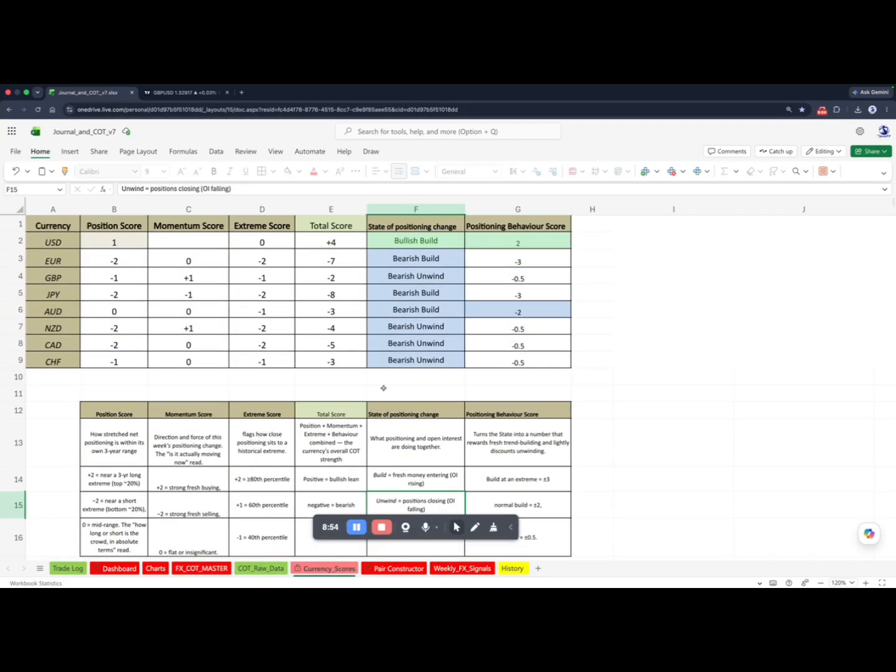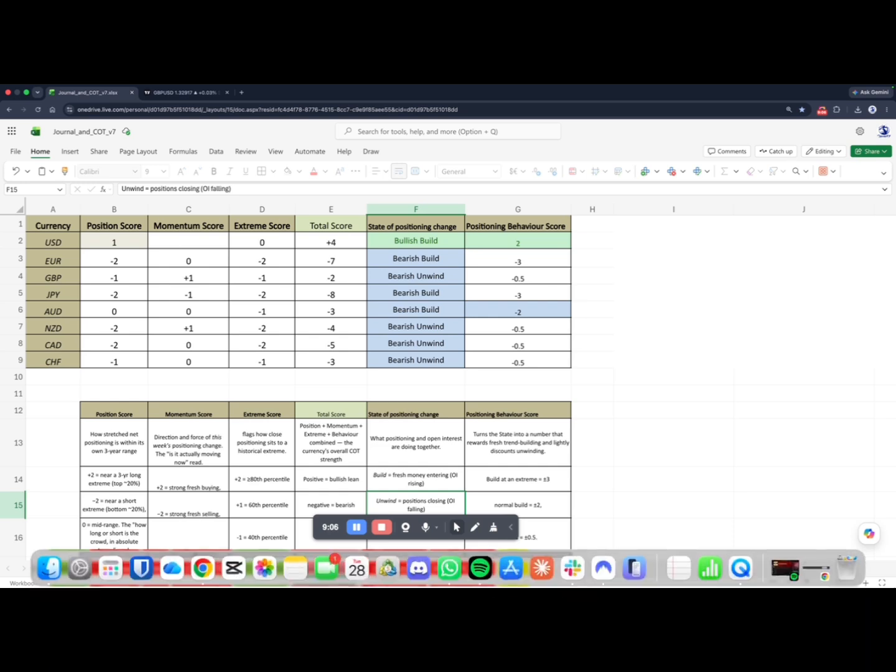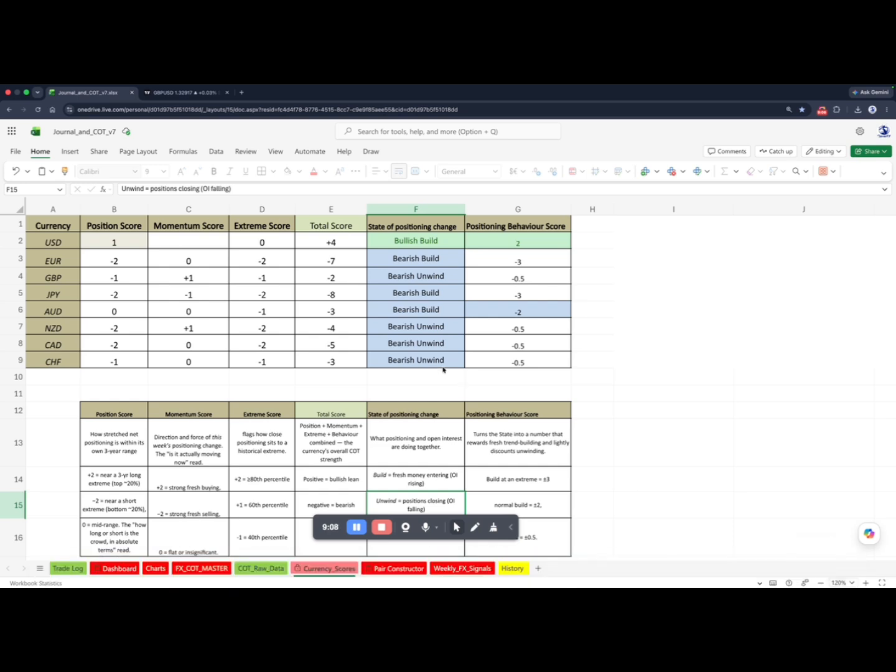Okay, currency scores. Hasn't changed too much. It's still exactly the same. Yeah, gives you a total score.